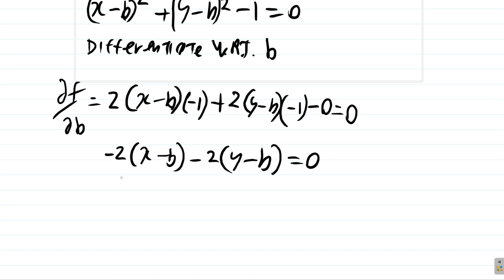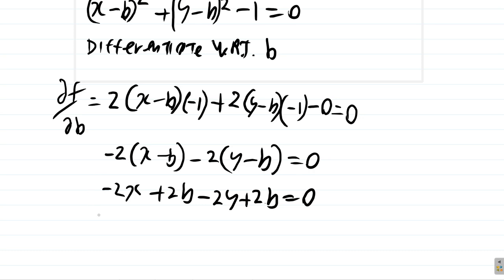Let's expand the bracket. We're going to have negative 2x plus 2b minus 2y plus 2b equals 0. You see that? Make sure you're following. Now, let's put these things together. Negative 2x, let's put the 2y there, minus 2y.